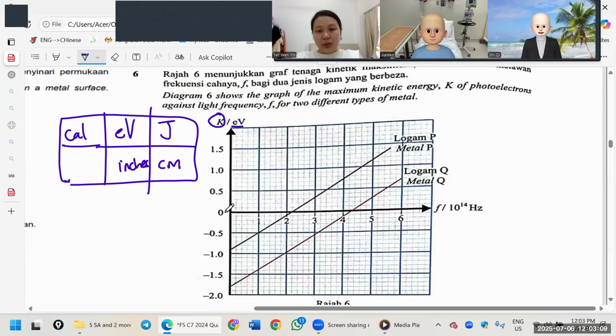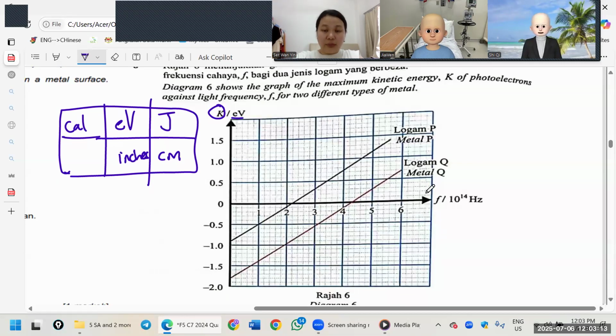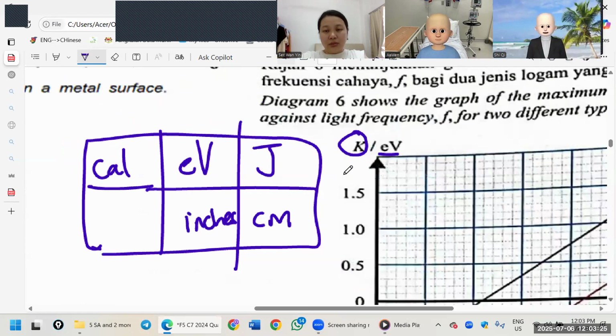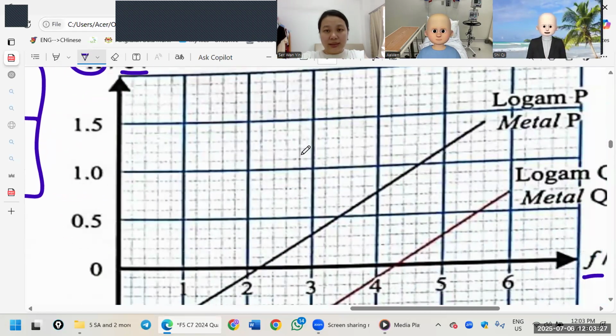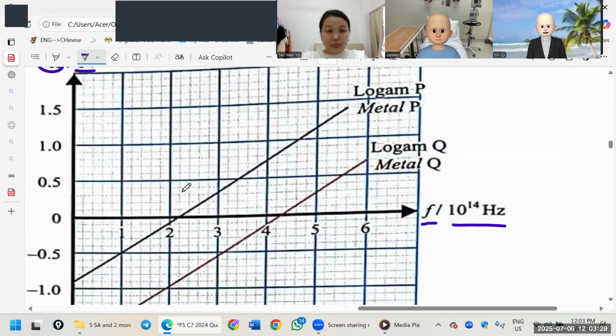And the light frequency for two different types of metal. You must be careful here. This is f in 10 to the power of 14 hertz. So metal P, this is not so clear. This one is at the center, I mean this is 2.2.